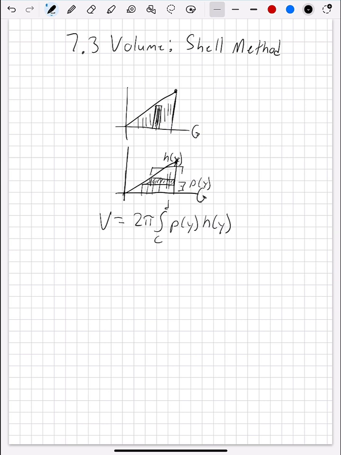So p(y) is the distance, h(y) is the height of the rectangle.